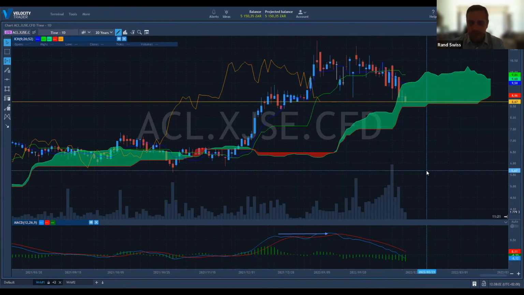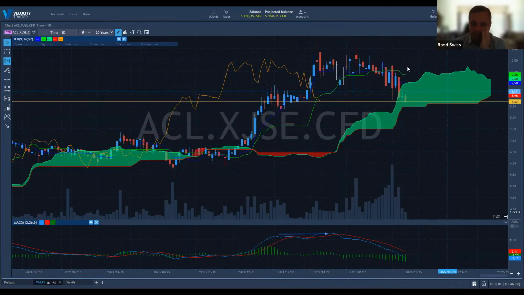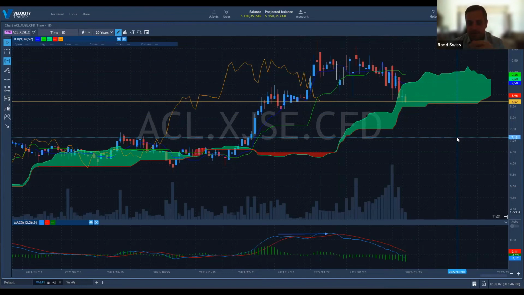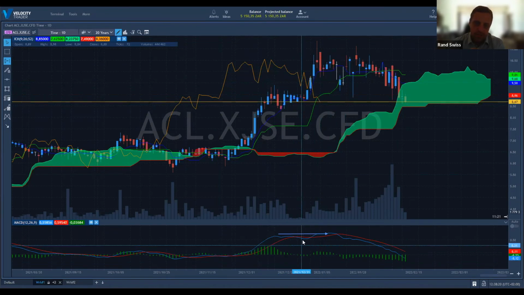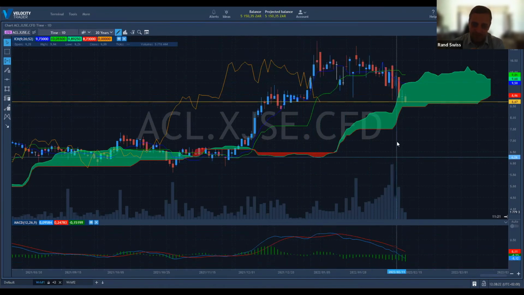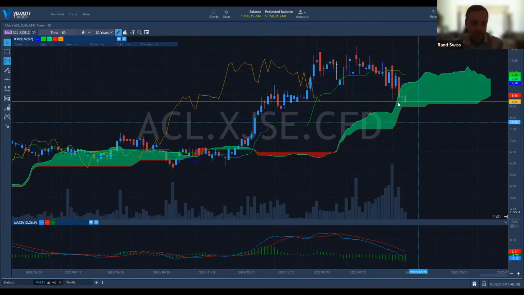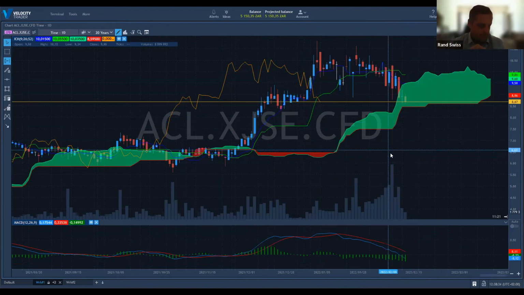Okay, but now we're getting some mixed signals here. The cloud is big, it's predicting a bullish future for ArcelorMittal. But look, the short-term moving average has moved below the medium-term moving average. The lagging indicator has moved below where price was 26 days ago. So it has gone pretty bearish on the stock. Add the fact, again, the news, commodity prices. China wants to fight it. They don't like it. Fundamentally, that is bearish.